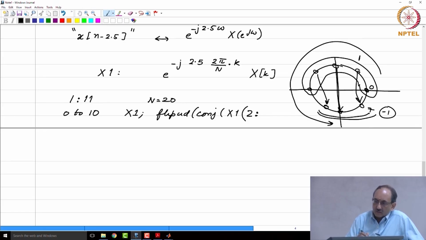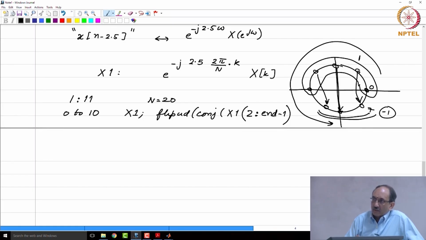The last sample also you do not want to repeat. Remember, x1 is the first half, it is not the 20 point, it is the 11 point sequence. That is, we have taken the 20 samples and then we have gone from 0 to 10 or index 1 to 11. Therefore, this is actually 2 to end minus 1. So, 2 gets rid of the k equal to 0 index, which we do not want.